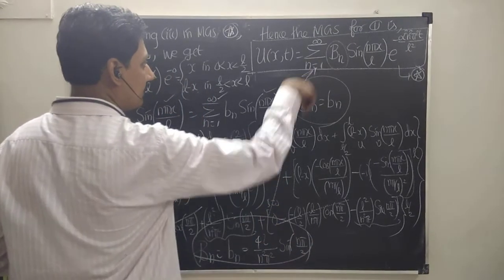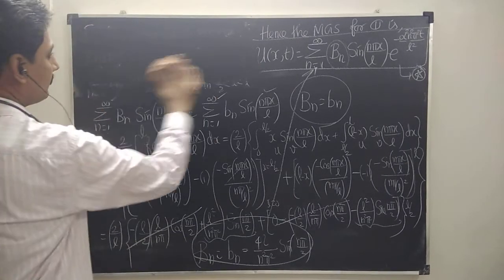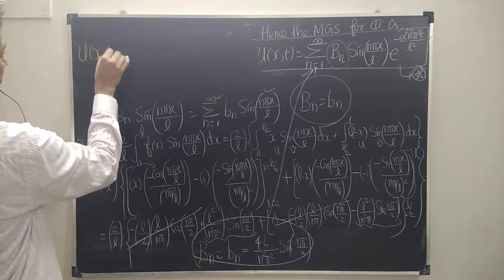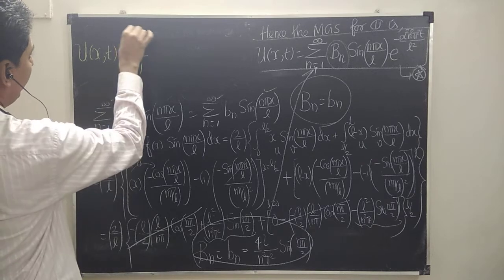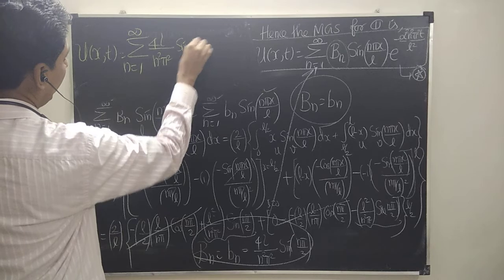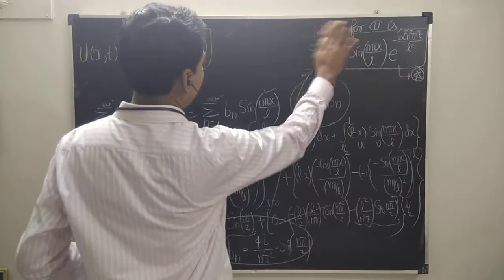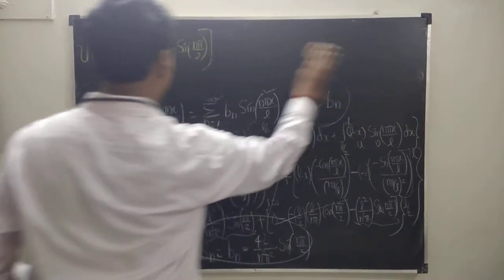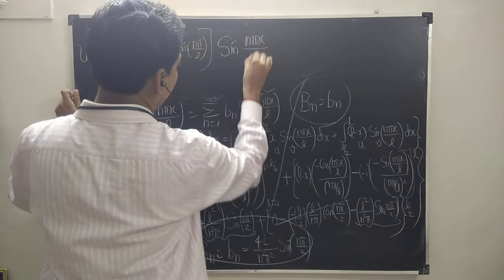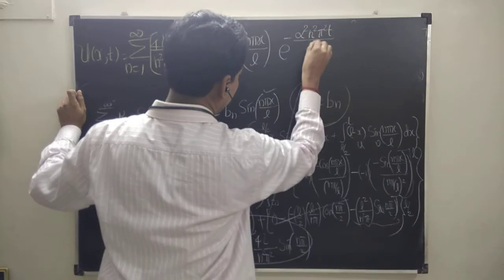Let us substitute this in the general solution. We get the required most general solution and the required temperature distribution of the given function. So u of x comma t is equal to the sum from n equal to 1 to infinity of 4L by n squared pi squared sin n pi by 2, which is the constant, and sin n pi x by L into e to the power minus alpha squared n squared pi squared t by L squared.